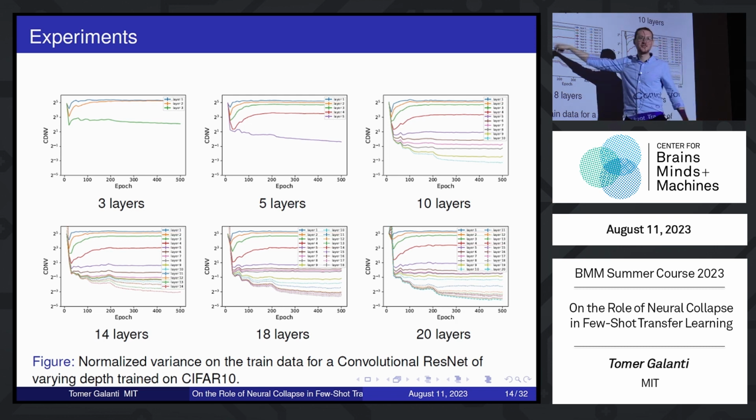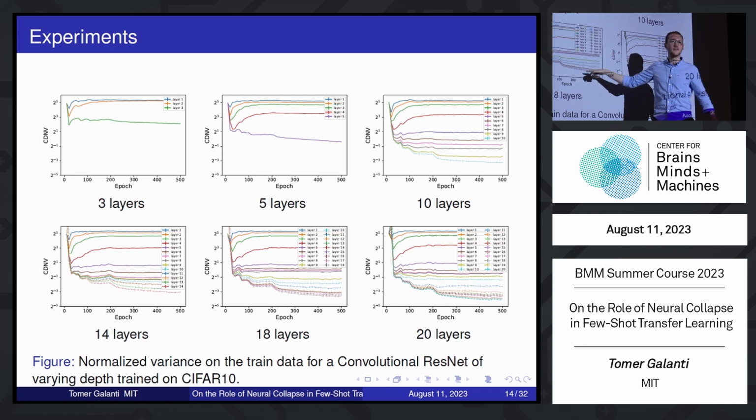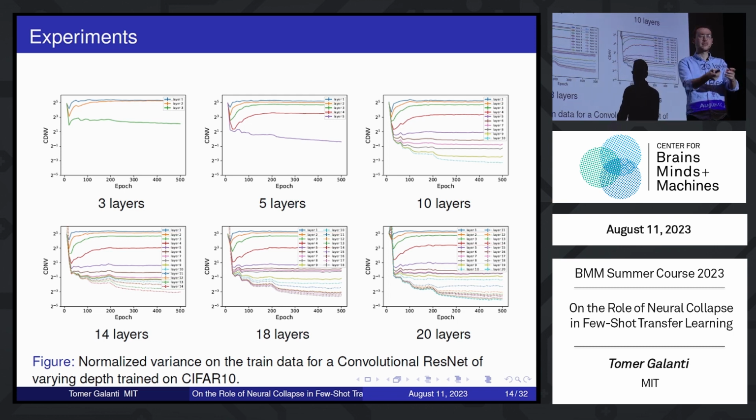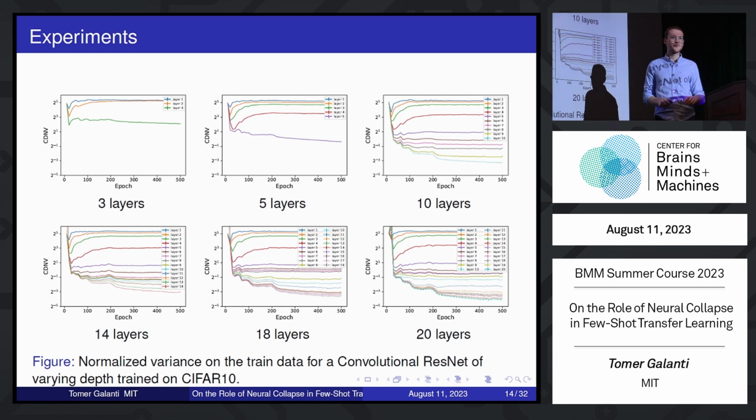And we measure the degree of collapse for each one of them. The lower, the stronger the collapse, and the layers are sorted. So this is the first layer, second layer, and so on. And we see that for very deep layers, the degree of collapse is very low. So they are very collapsed.